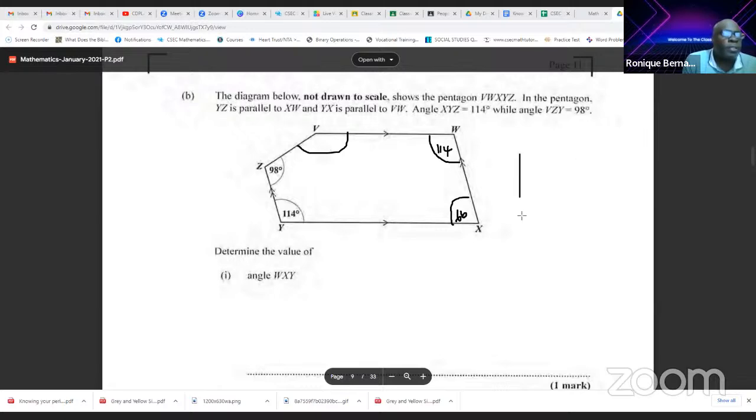Here it is. So find all the angles and add them up and tell what the sum of interior angles is.